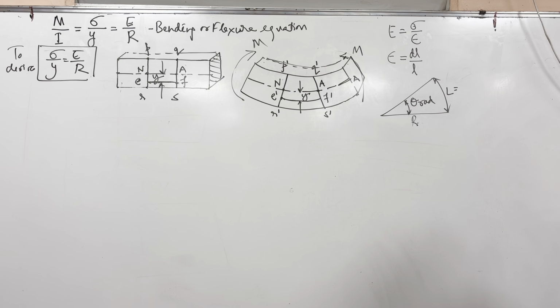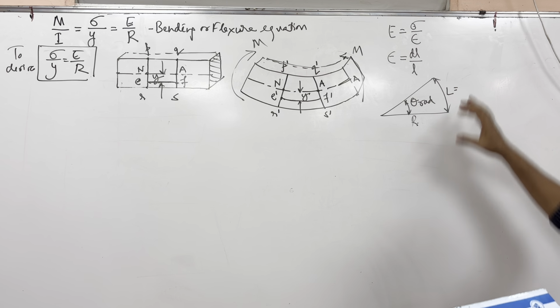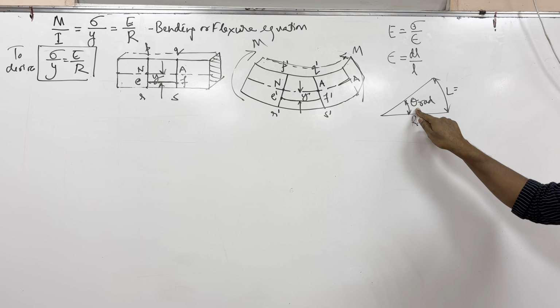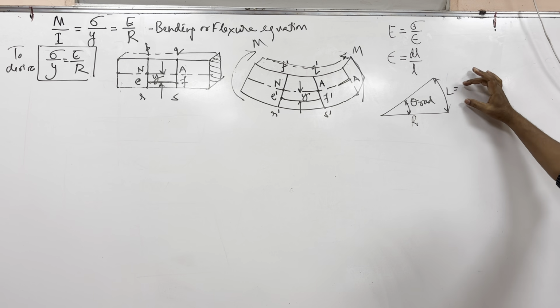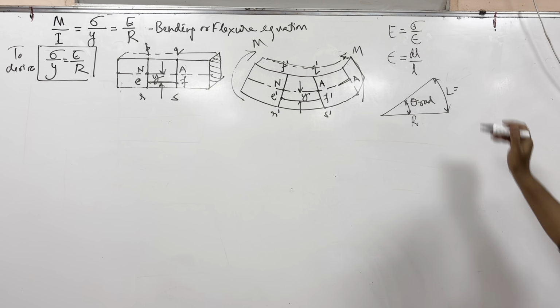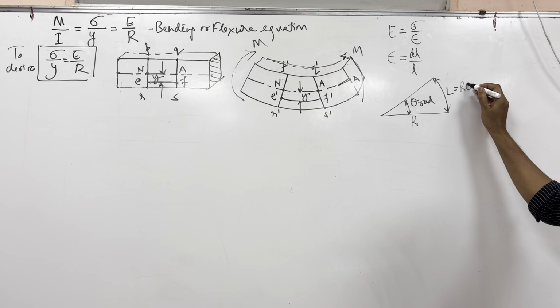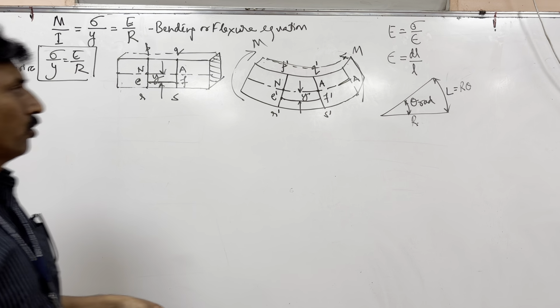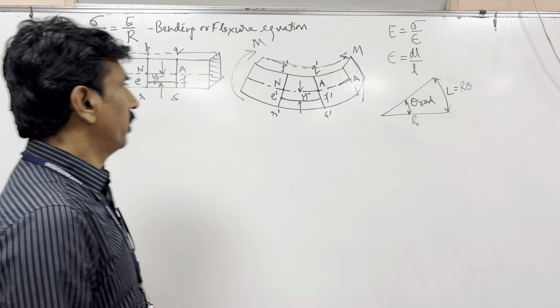What is this length, when this R is given and this angle is given in theta radians? R theta. So this is R into theta, where theta is in radians. If you know this, then this derivation becomes easier. So it is R into theta. If you know this, then we can proceed.